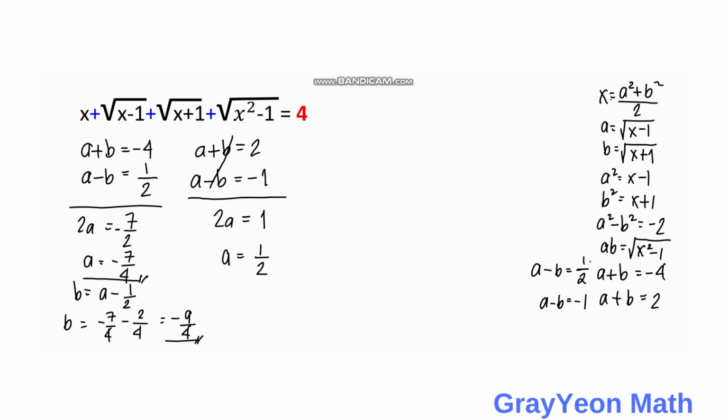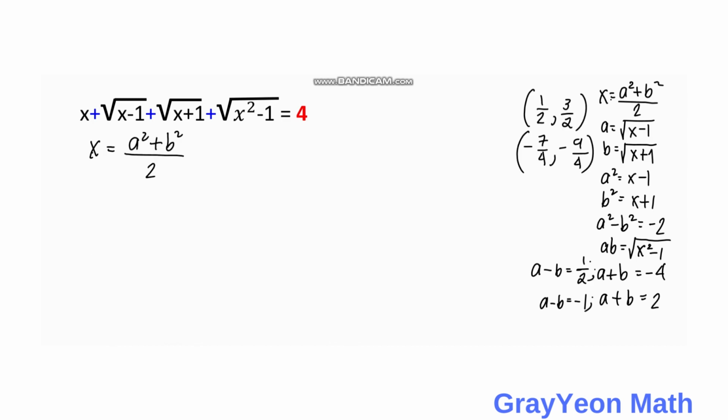And b is just equal to 2 minus a. And it happens to be b is equal to 2 minus 1 half, and that is 1.5 or 3 halves. We have a is equal to 1 half and b is equal to 3 halves.